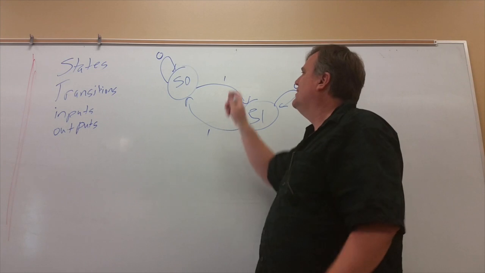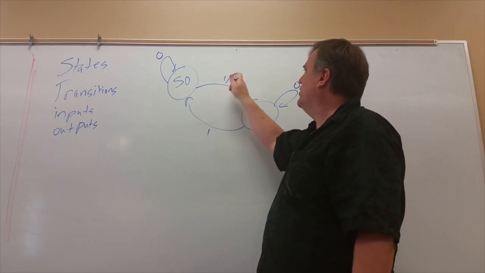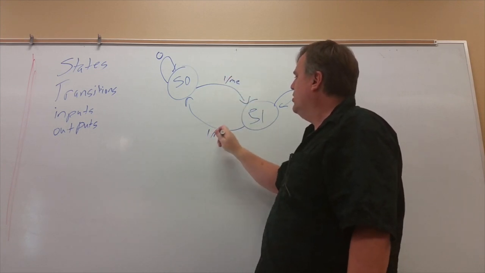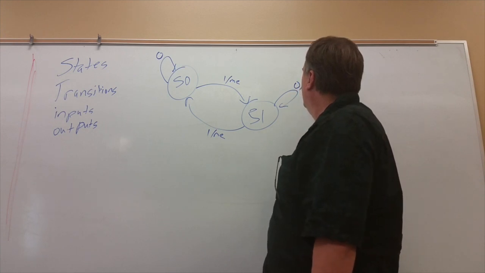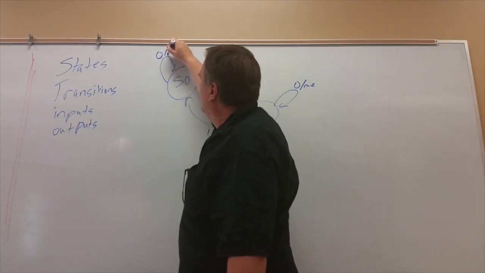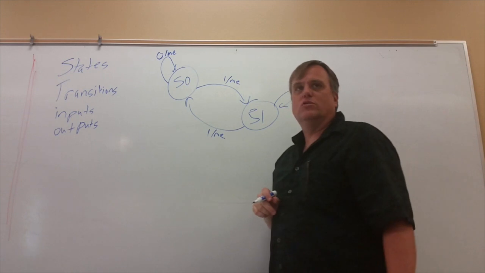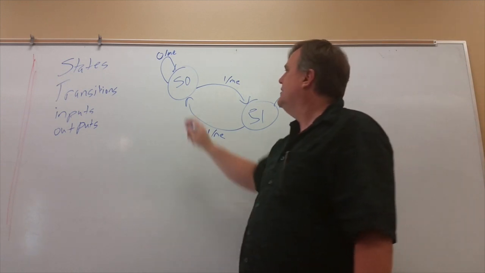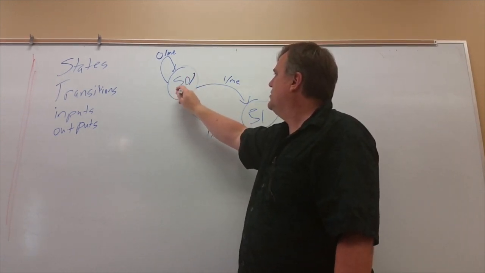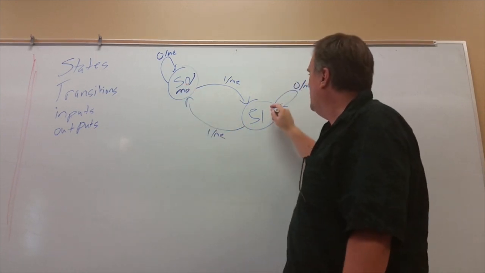On the transitions. Very good. The Mealys go here. How about the Moores? In the bubble. Inside my states. So the Moore outputs go here.